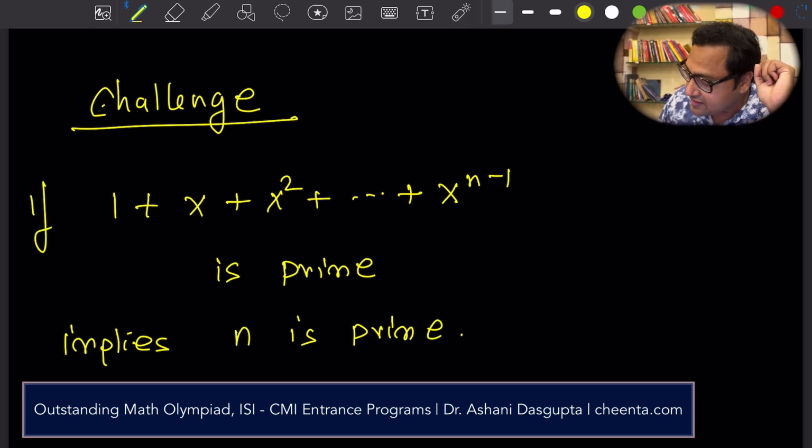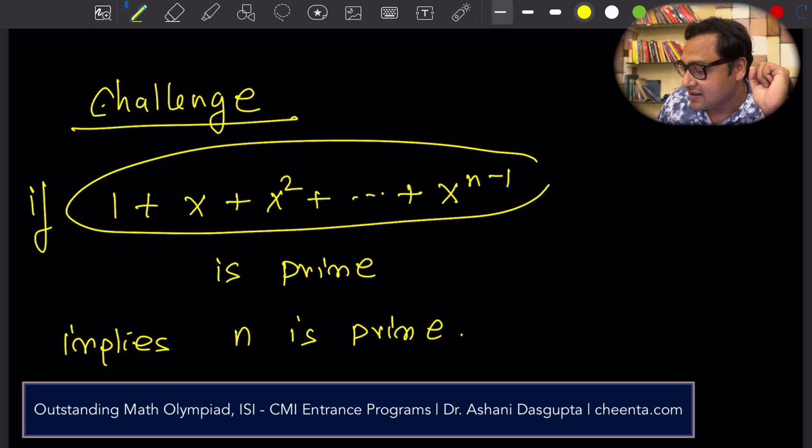If this quantity, 1 plus x plus x square up to x to the power n minus 1, is a prime number for some value of x, then it would imply that n is a prime number.